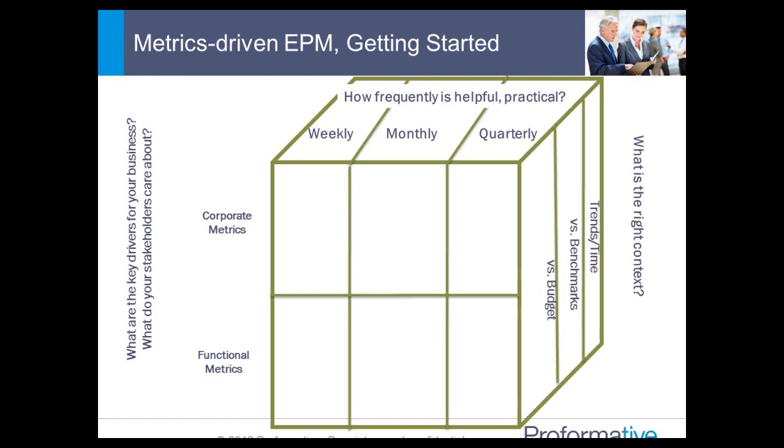And then what is the context of this information and reporting? Are we looking at our actual data against a budget or a forecast? Are we looking at our actual data versus a benchmark or another time period? Or are we looking at our data with trends over time?